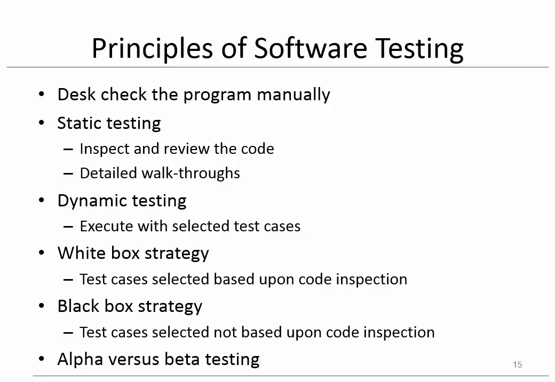Test cases can also be selected according to a black box strategy. Black box means that we're not going to inspect the internal code, and we just select a bunch of test cases at random, not based upon any code inspection.